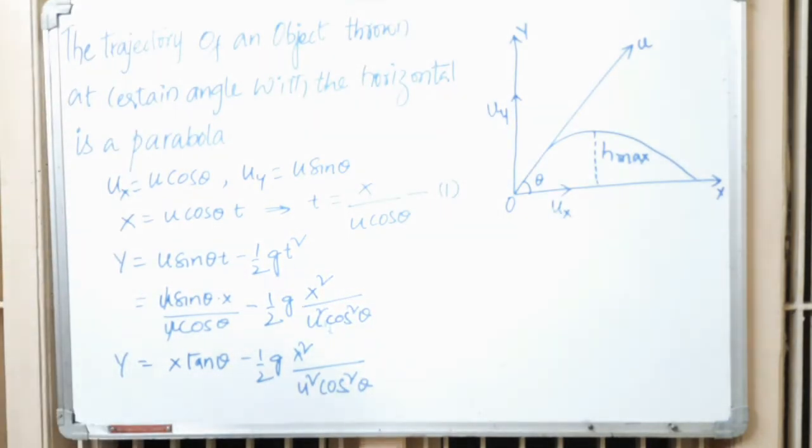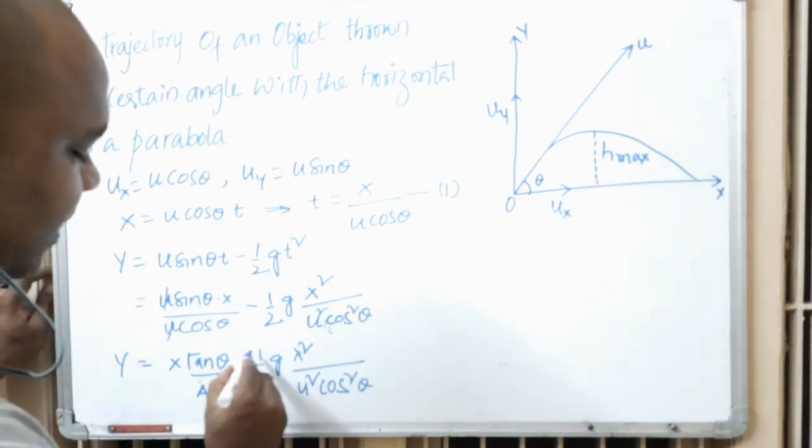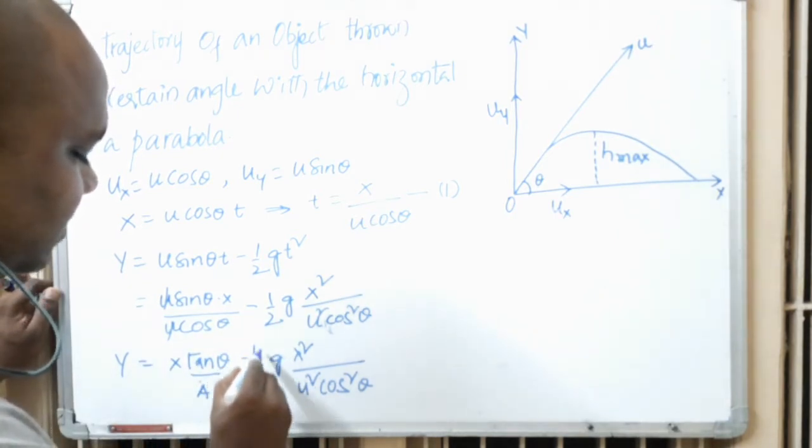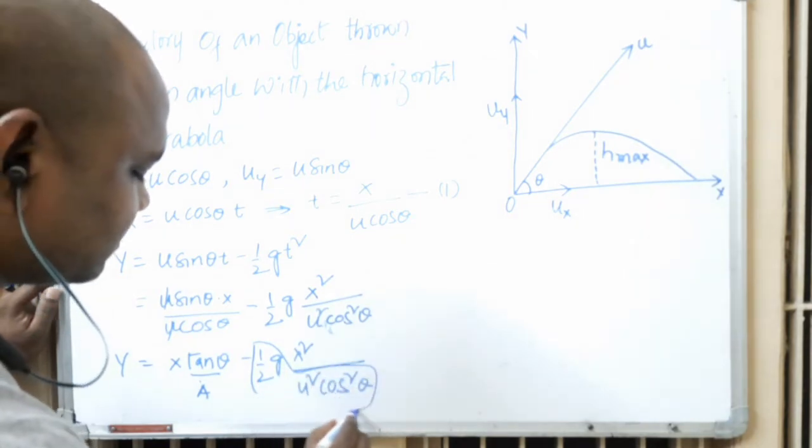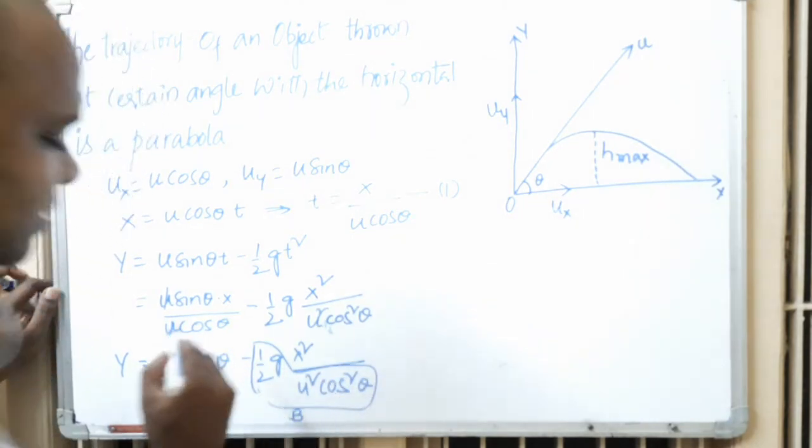Okay, so what I will do is, this part, let it be a. Let us think tan theta is a, and this part, let us think it is b.